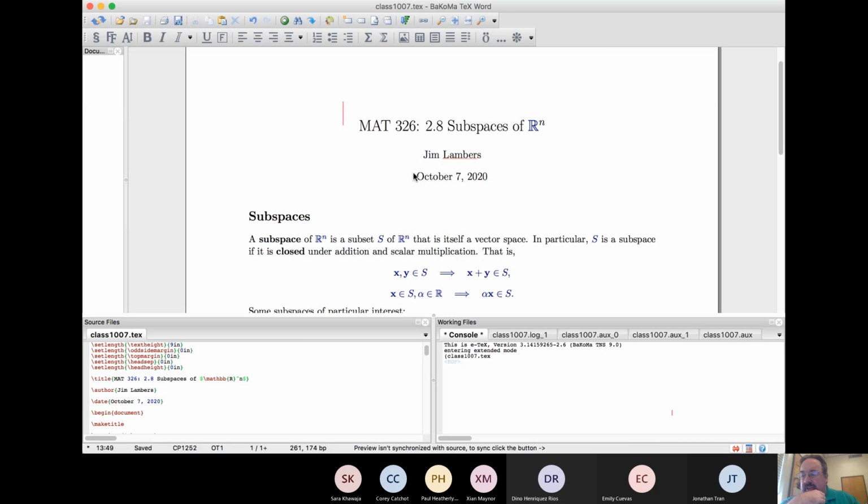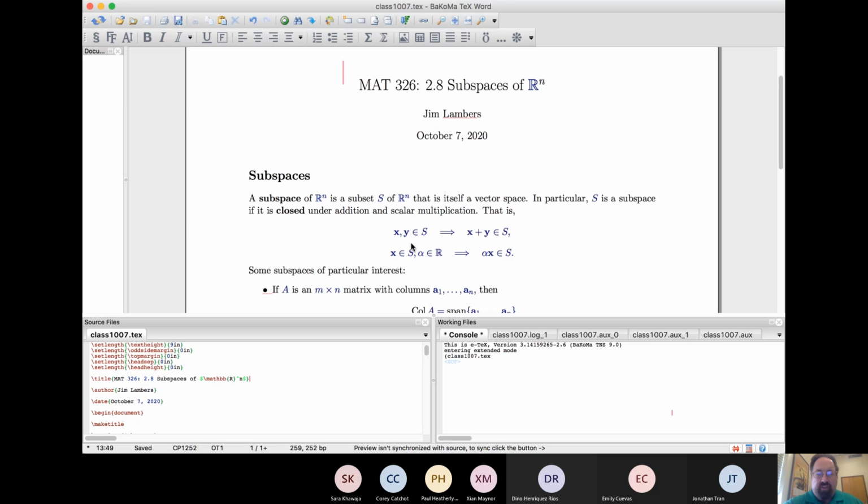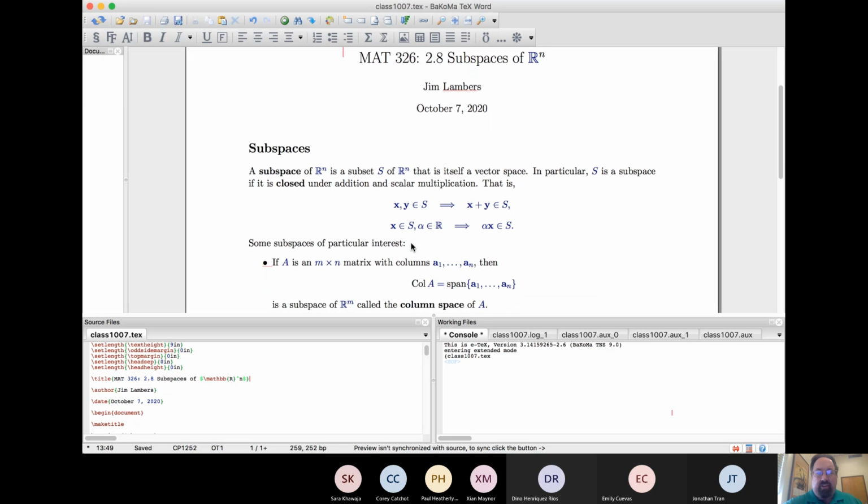We've always been dealing with the vector space Rn, the set of all vectors that consist of n elements. Those are vector spaces. But now we're dealing with portions of those vector spaces that are themselves vector spaces. That's actually the definition of a subspace.